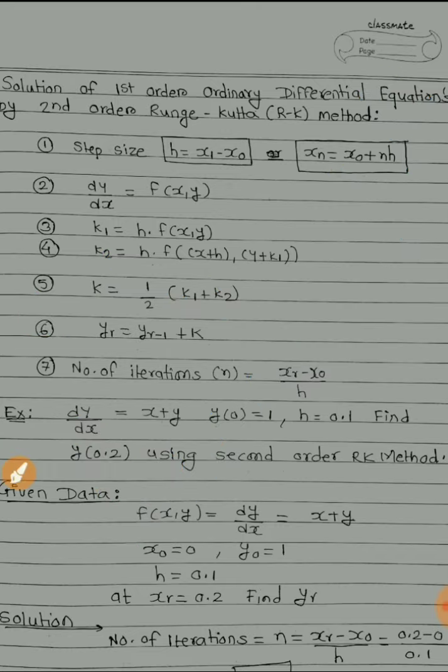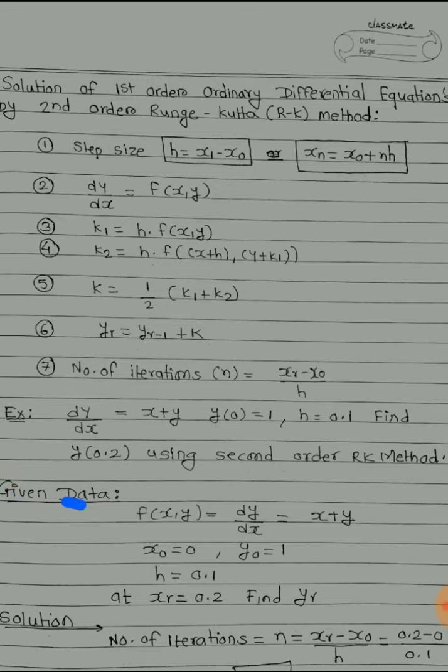And finally, the seventh formula, which is again very normal and very popular formula, that is number of iterations. How many iterations you require to perform for solving the equation, that is given by n.